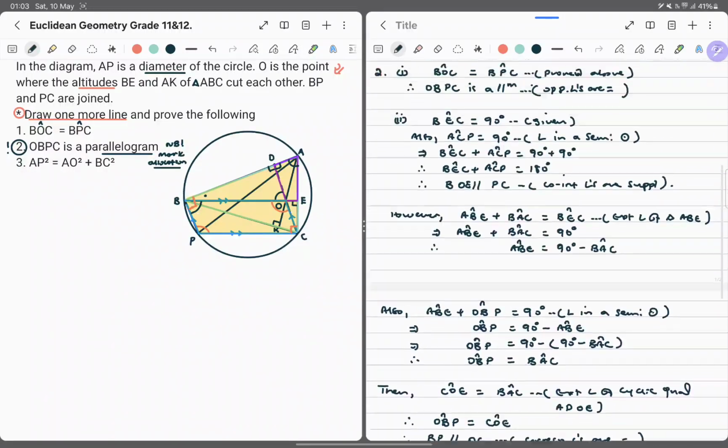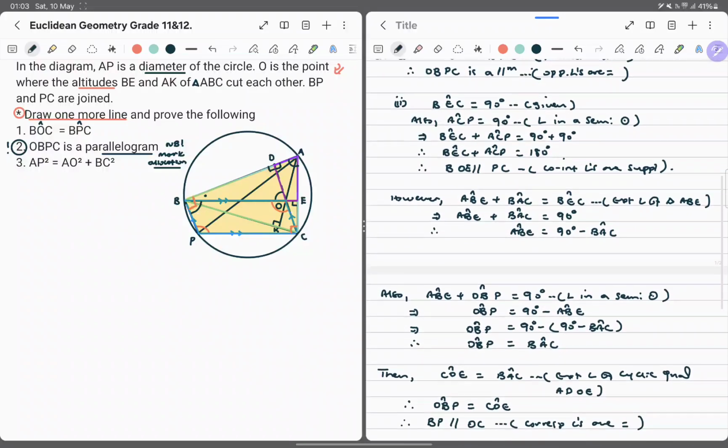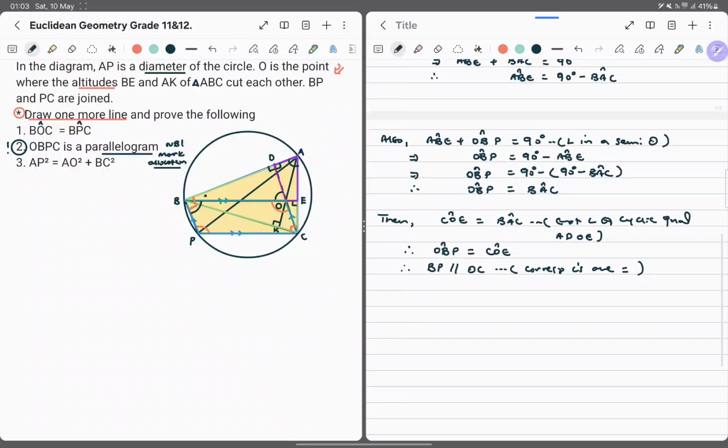Now, this one was a nasty essay, even nastier than the first one. When we look at it in terms of the parallelity, now we can easily say, therefore, we can conclude that OBPC is a parallelogram.